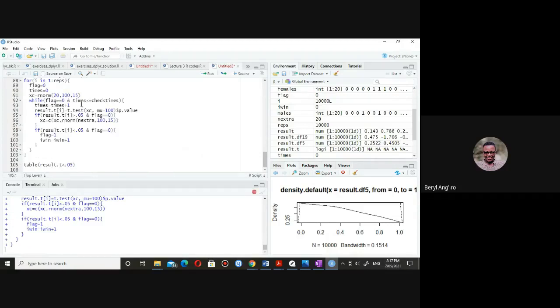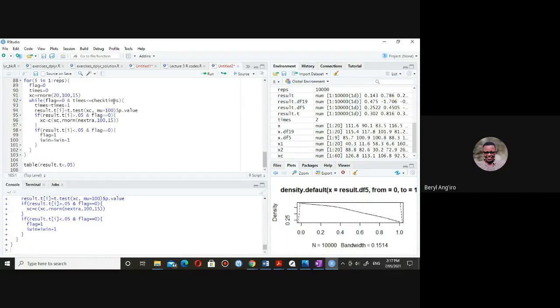Then while flag is 0 and times is less than or equal to check times, we add 1 to times. Then the ith result from the t-test will be the t-test for the values of xc, generated from the normal distribution with mean 100. And here we are extracting the p-values.